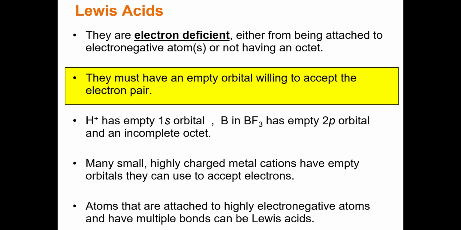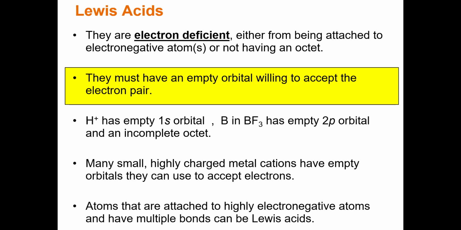In boron trifluoride, there's an empty 2p orbital, and that is where it could accept that electron. You'll notice that boron trifluoride is our first example of an acid that does not have a hydrogen. Okay, so this is a Lewis acid. And so our definition has expanded to include molecules such as this. We often can think of these highly charged metal cations that we've already discussed as having empty orbitals where they can accept electrons as well.